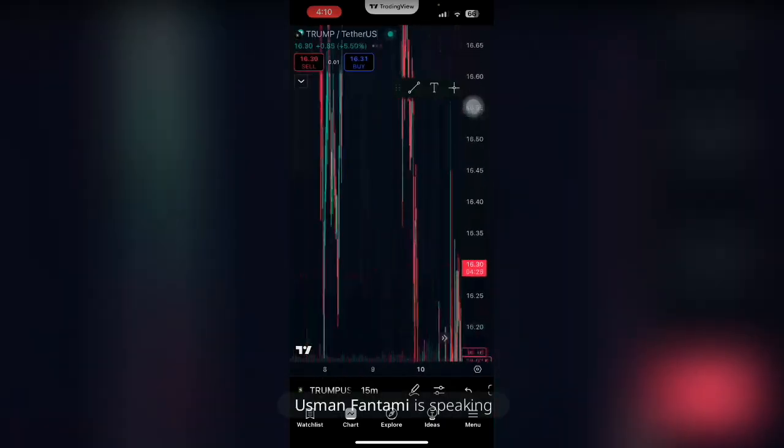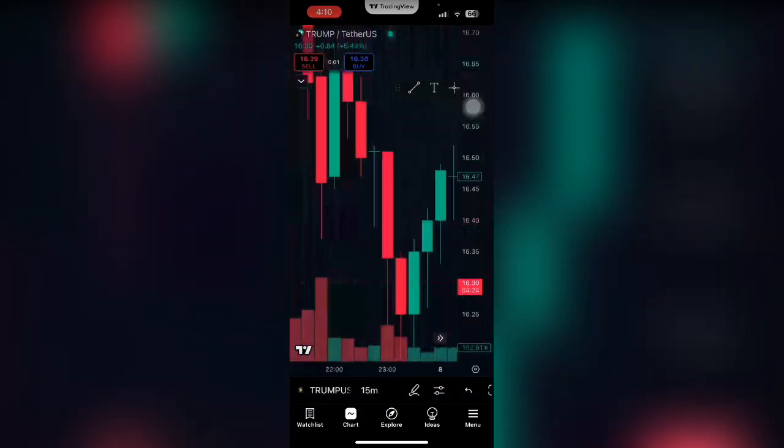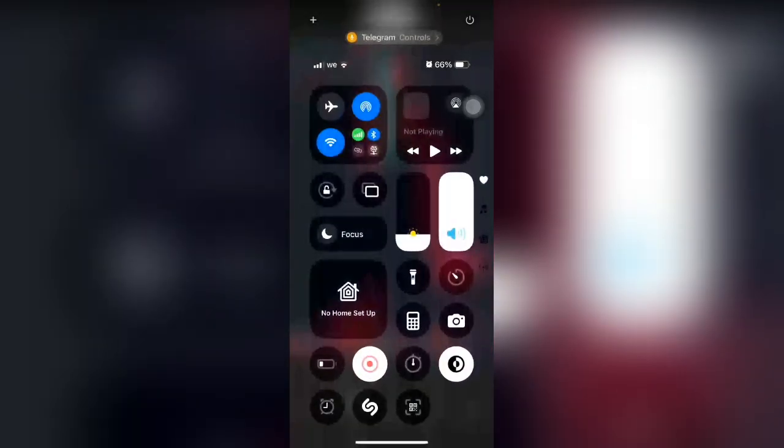Can you see it? Yeah, I can see your screen. Go ahead. Show us the support level and resistance level now.